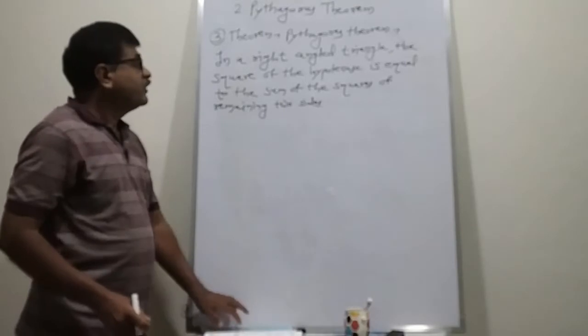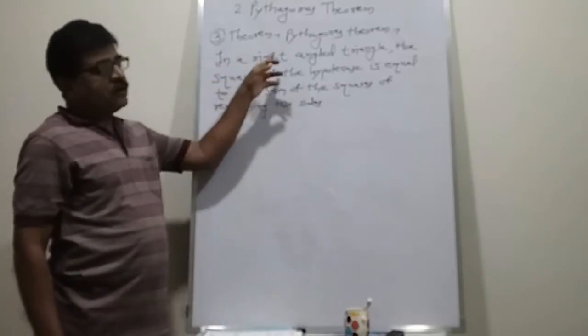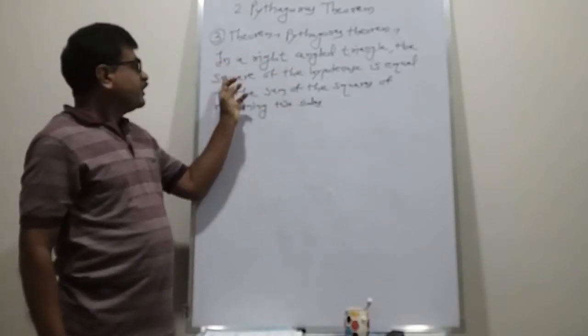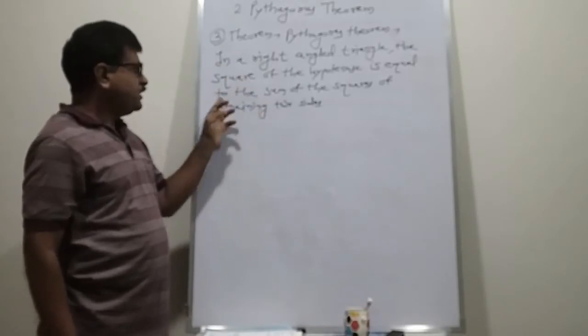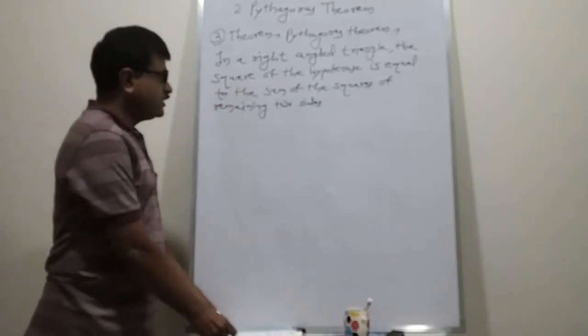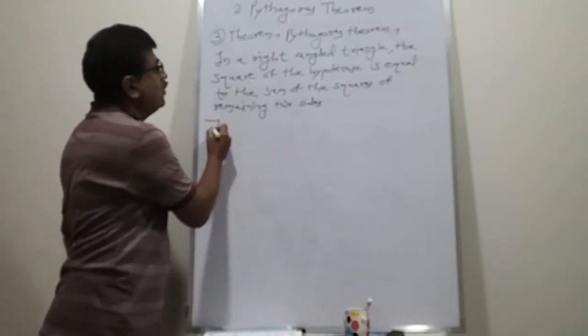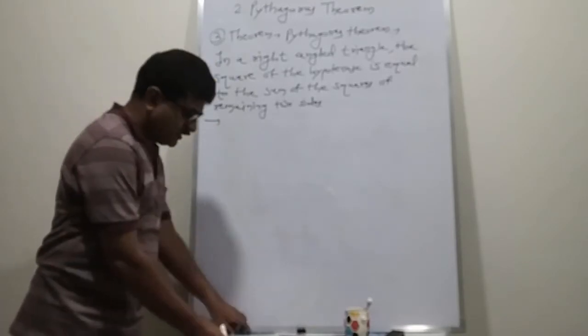That is, we have to prove in a right angled triangle, the square of the hypotenuse is equal to the sum of the squares of the remaining two sides.